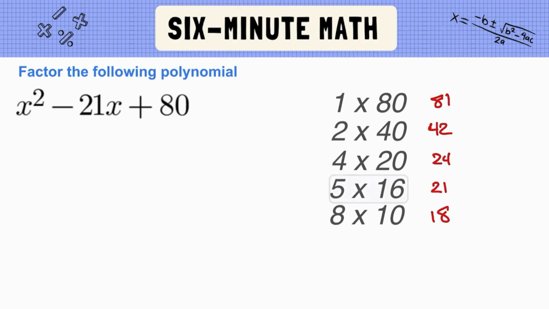And this tells us we're going to be using 5 and 16. So we're going to have x and 5, x and 16. And because our middle b value is negative, that tells us that both of these terms have to be negative as well. Those are all the examples we have today for factoring simple trinomials.